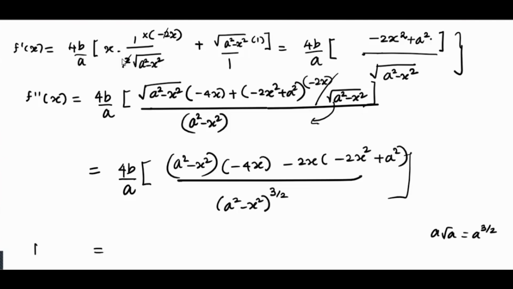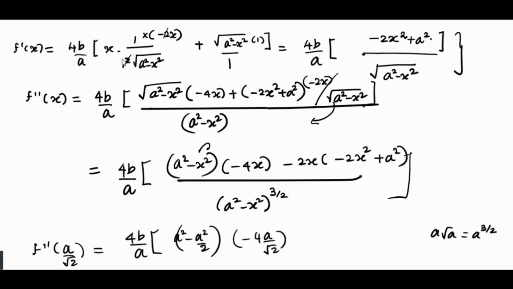So now I'm going to substitute, in place of x, a by root 2. Here it would be 4b by a, and in place of x, it should be a square by 2. So a square minus a square by 2 into minus 4a by root 2 minus 2 into a by root 2 times a square minus 2x square.